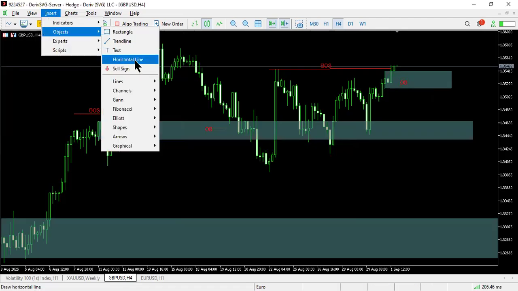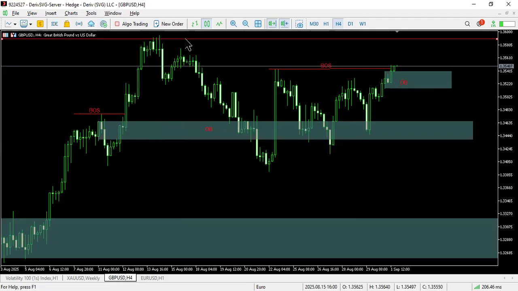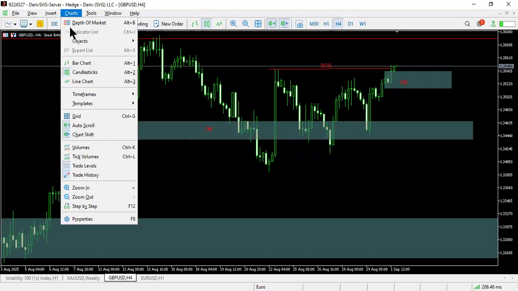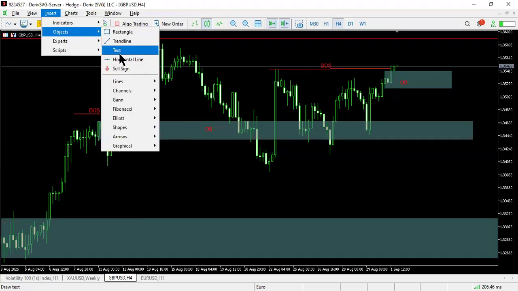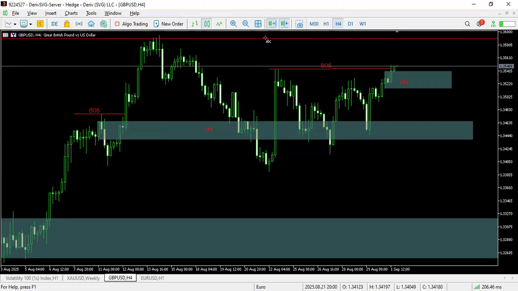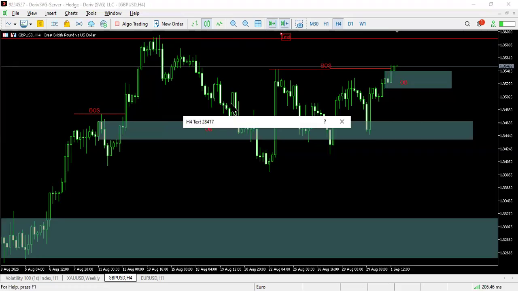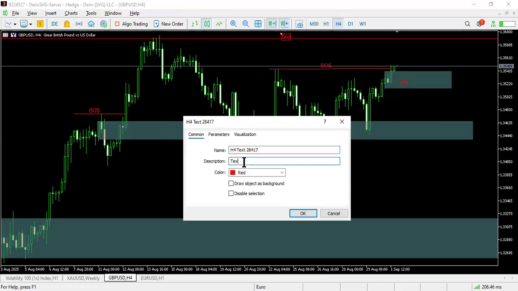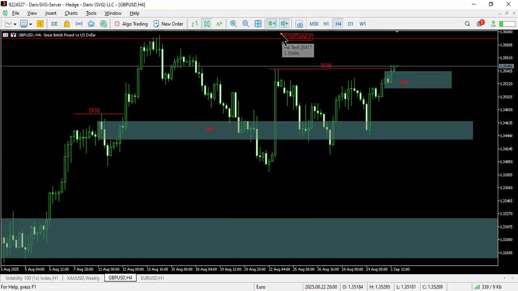And then that line is to represent the resistance, a level that is likely to send price down. Price might react there, but you just have to mark it so that you are aware that there is a resistance that price needs to break before it proceeds. Yes, that is all on the 4-hour time frame.